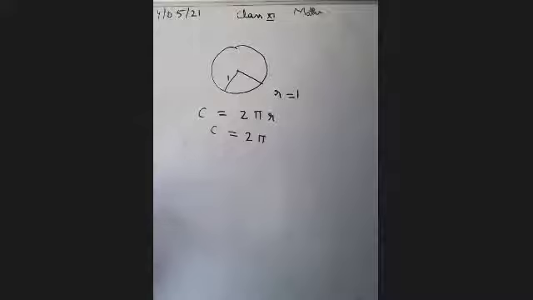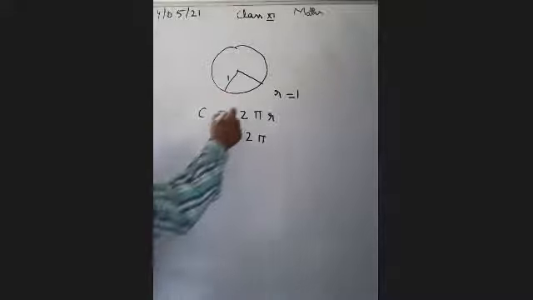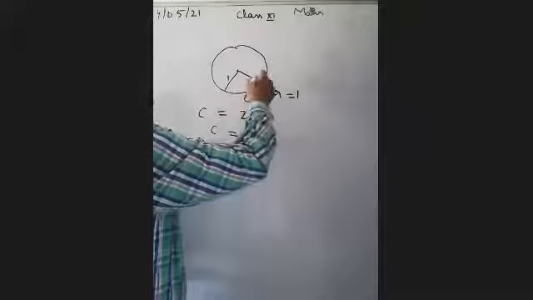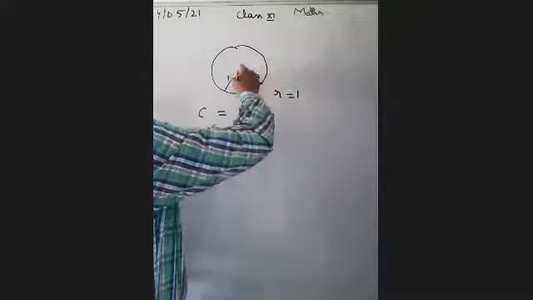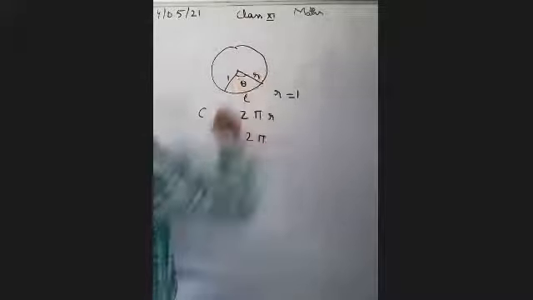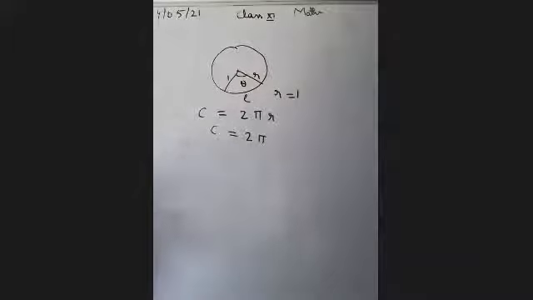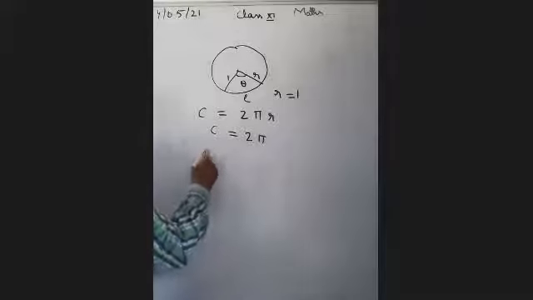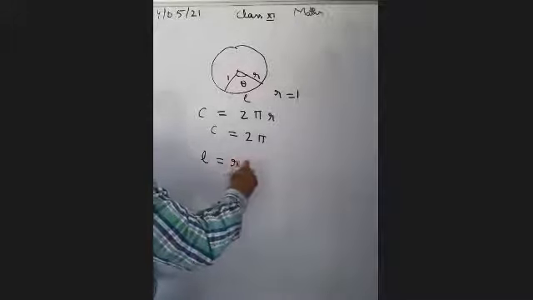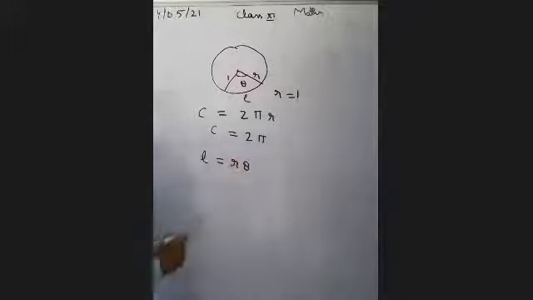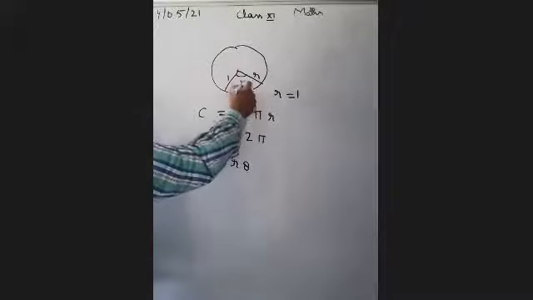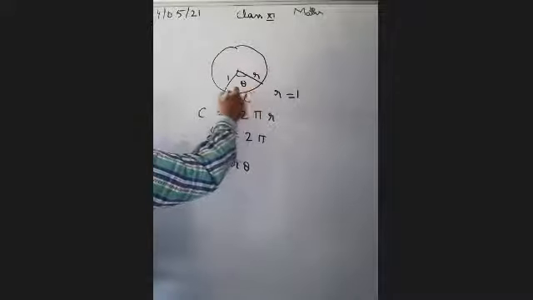ठीक है. और this is known as the arc L. This is R. This is the angle. There is a relation between L, R and theta that is known as L equal to R theta. ठीक है. So theta is an angle, which is the angle made by the arc.